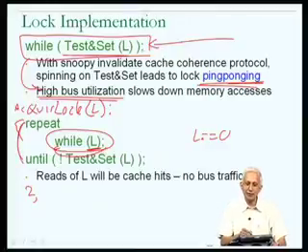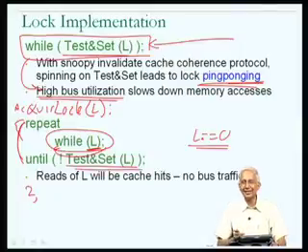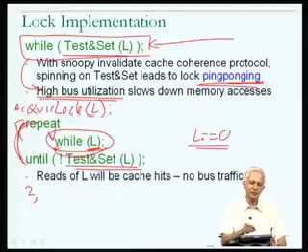So it could happen that more than one of the processes could notice that L has become equal to 0, but we have the safety mechanism that only one of them will actually observe that it has successfully changed the lock from the value of 0 to the value of 1. The remaining processes will notice that they have changed the value of the lock from 1 to 1 and will continue to go back and busy wait on the read of L.